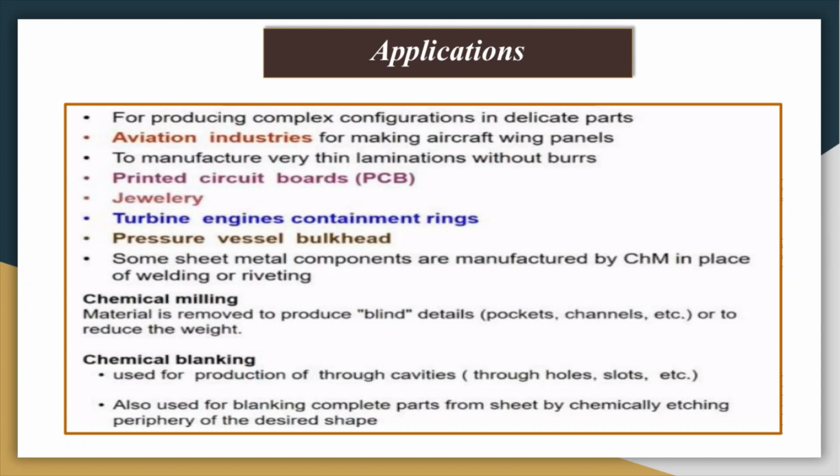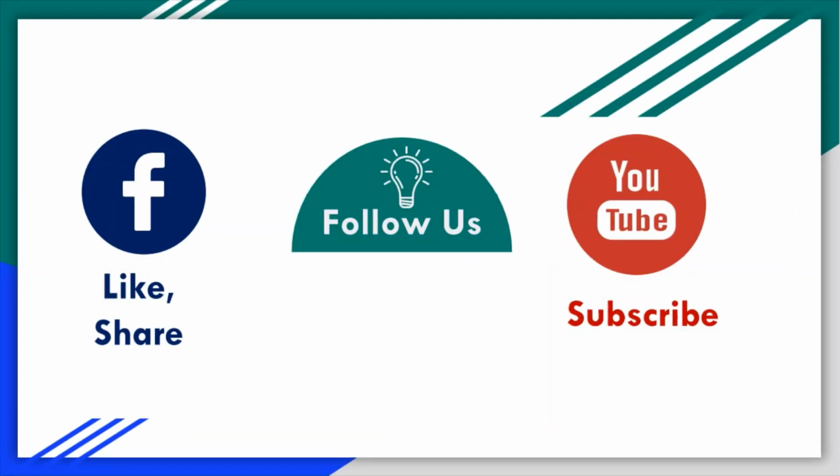This is also the process of blanking complete parts from the sheet by chemical etching of the periphery of the desired shape. Okay, so these are the different applications of chemical machining. This is about chemical machining.